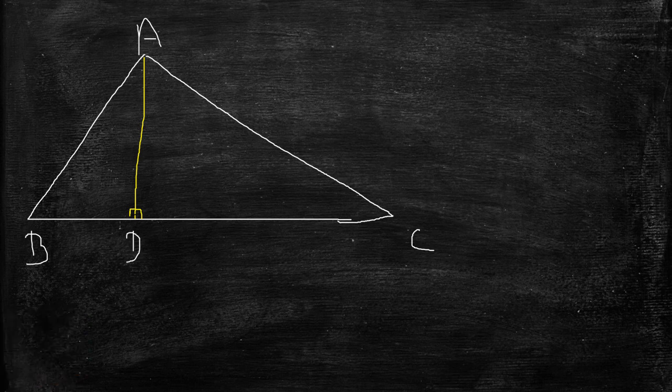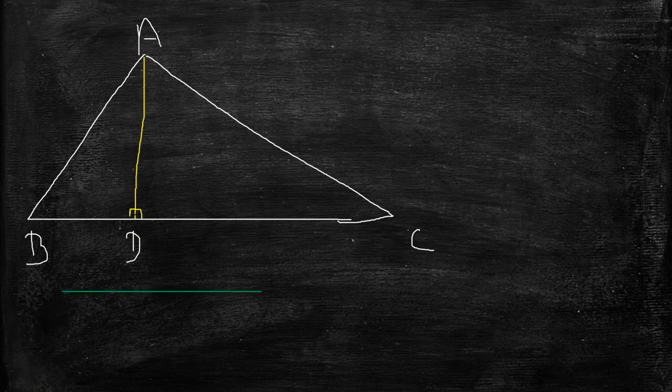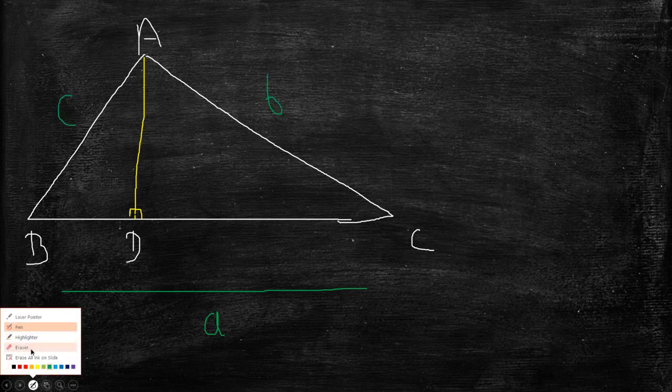The abbreviation I will use here is: the side opposite to A will be a, the side opposite to B will be b, and the side opposite to C will be c. So these are my side lengths.